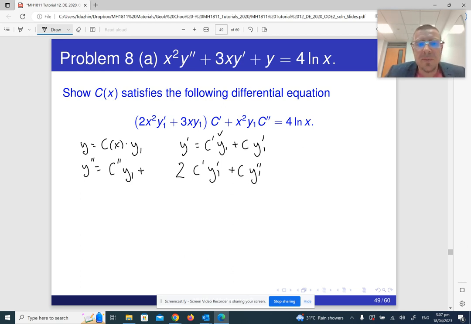Okay, so now I'm going to plug it back into the original equation. So this is y, this is y prime, and this is y double prime.